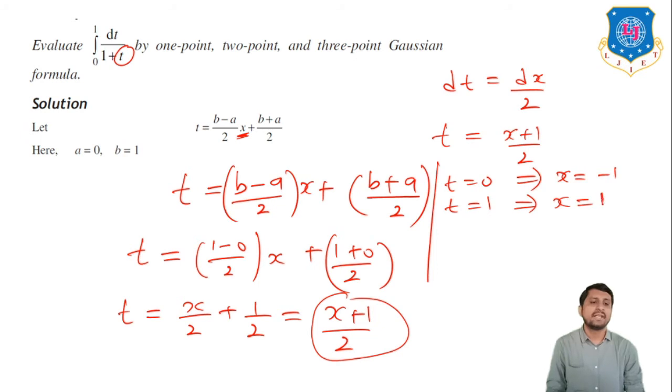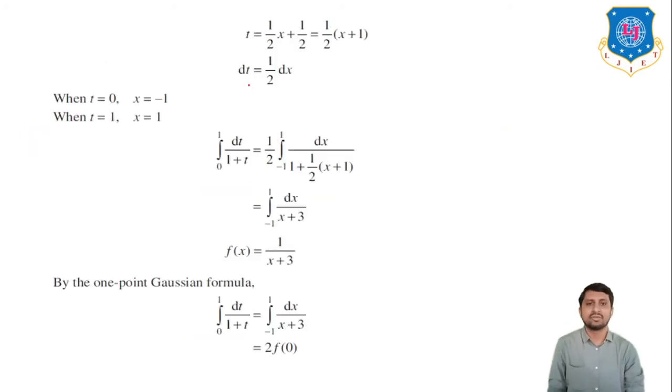So now your limit is from minus 1 to 1, clearly easy to understand. Here I just put all the values: t is equal to (x plus 1) by 2, dt is equal to dx by 2. When t is equal to 0, x is minus 1, when t is equal to 1, x is 1, easy to understand.